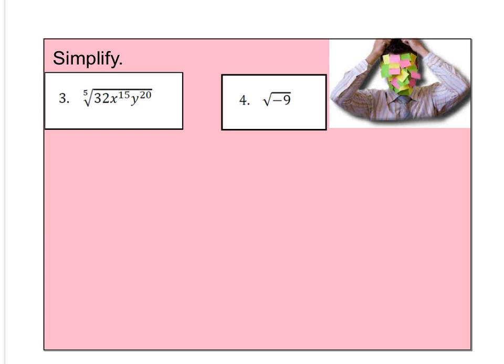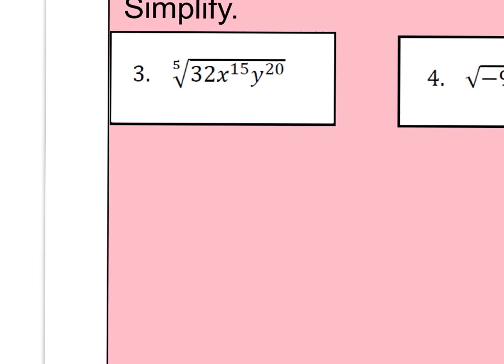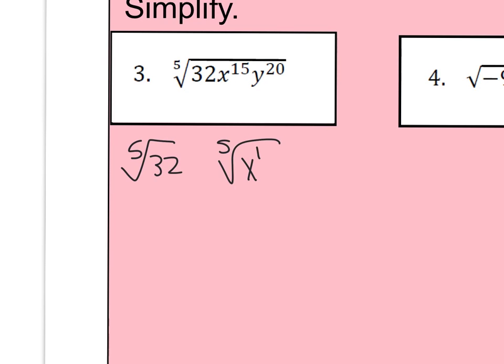All right, so here's where things get a little bit trickier. Now you're looking for a 5th root. If I break this apart, which is not a bad idea, what I'm looking for is the 5th root of 32, the 5th root of x to the 15th, and the 5th root of y to the 20th.